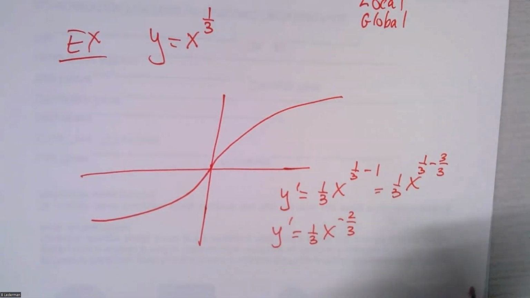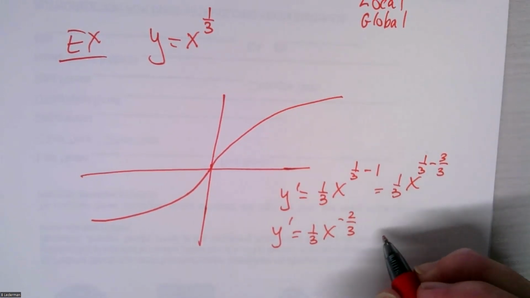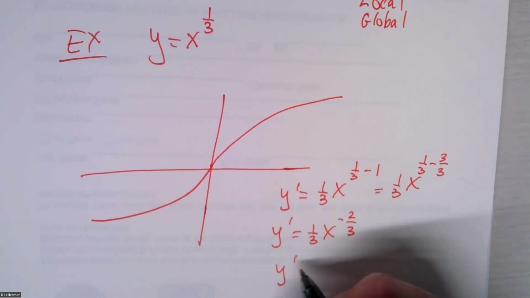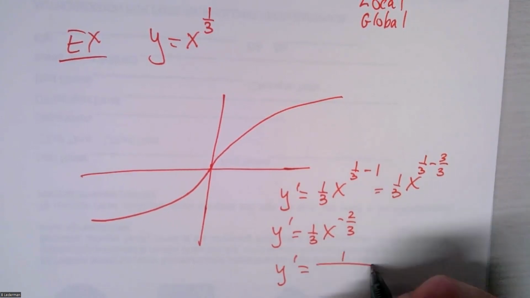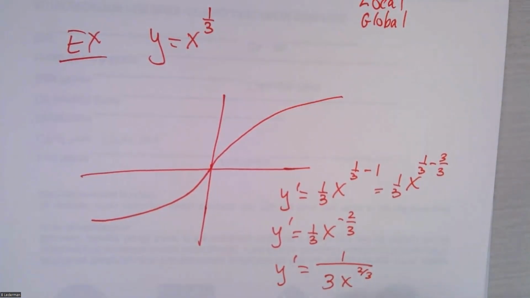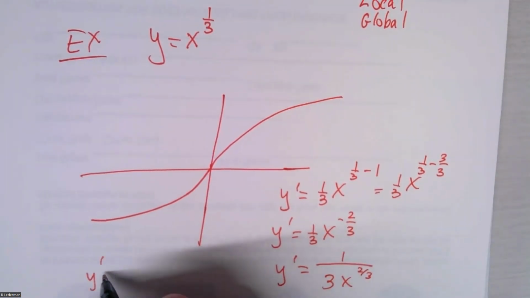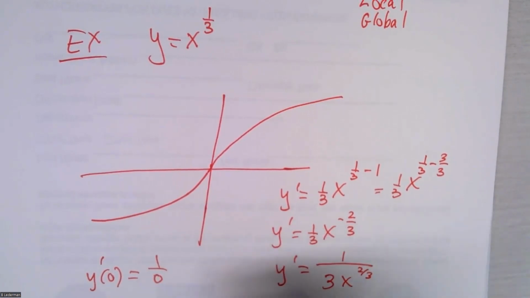Another way of writing this, which makes it more obvious, is y prime equals 1/3 times 1 over x to the 2/3 power. Now, if x is equal to 0, y prime of 0 is going to be 1/0, which everybody knows is undefined.